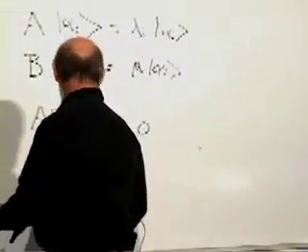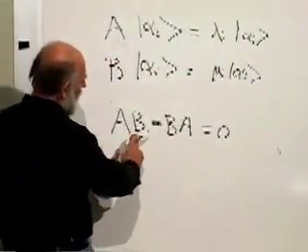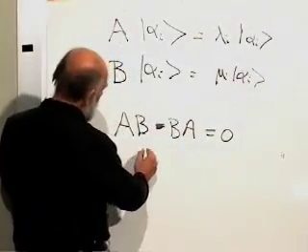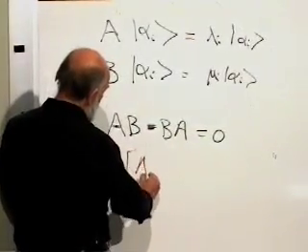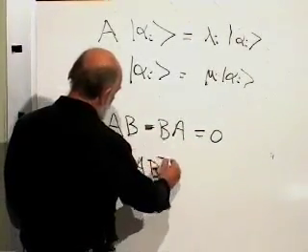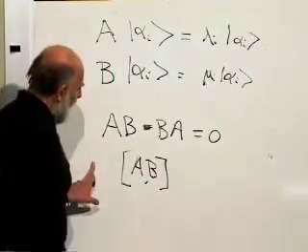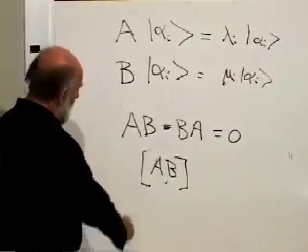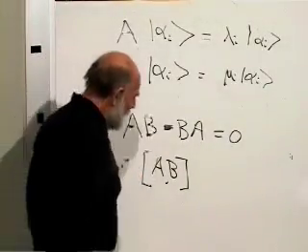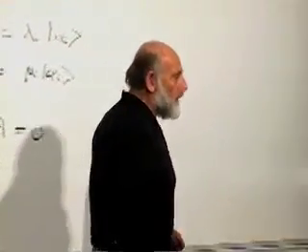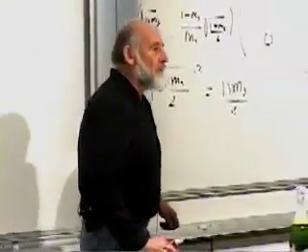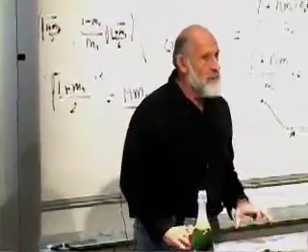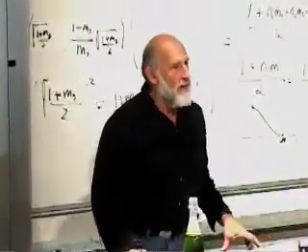Another way of writing the same thing, the mathematical notation for AB minus BA, is to just write them in a bracket. This is called a commutator, and it means AB minus BA. If two operators commute, you can measure them simultaneously because they have exactly the same eigenvectors.